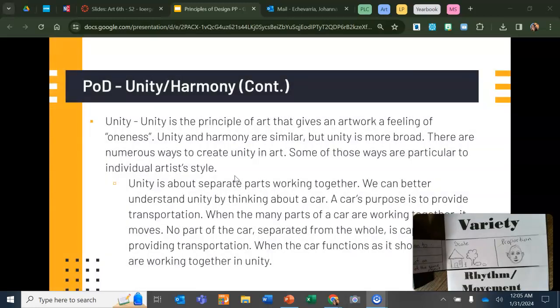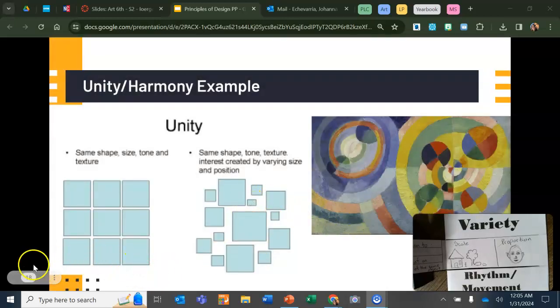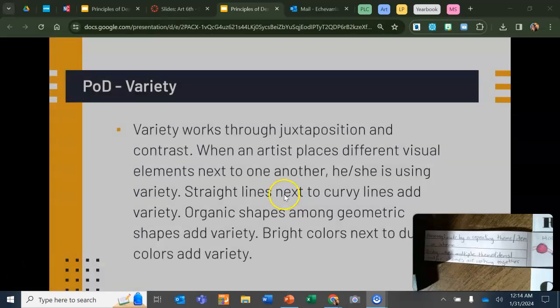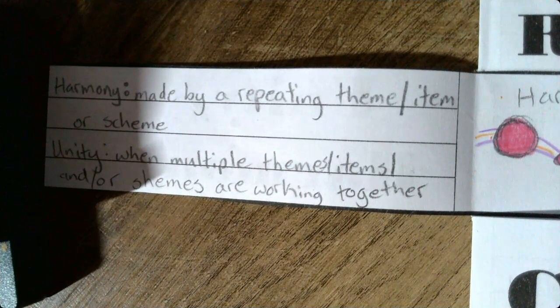Okay, so I'm going to go ahead and give you the definition. I know this one is a little bit harder to show, but you'll have harmony made by repeating theme, item, or scheme, and then unity is basically when multiple themes, items, and or schemes are working together.